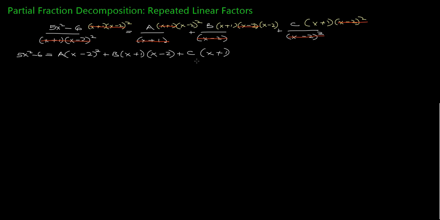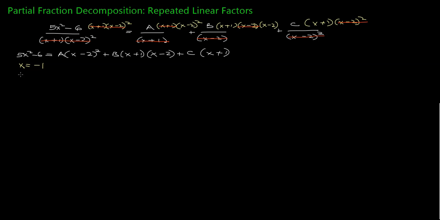I could expand this so that I collect like terms, but before I do that, I want to show you that once you have one linear factor given in your equation, you can actually solve for one constant. In this instance, we're going to solve for the constant a by making x equal to -1.